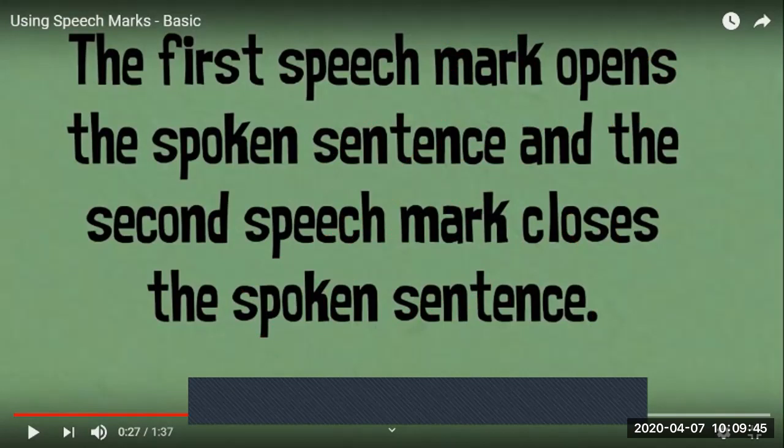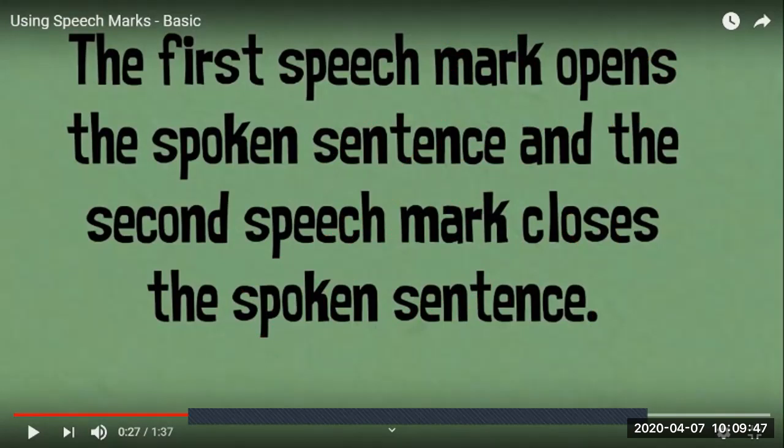The first speech marks open the spoken sentence and the second speech mark closes the spoken sentence.